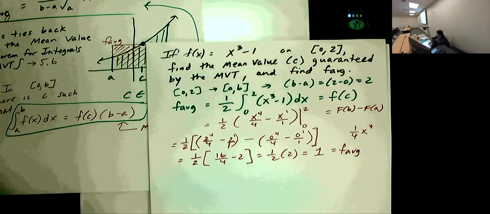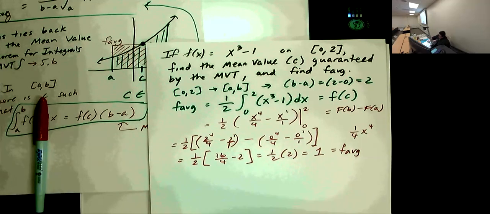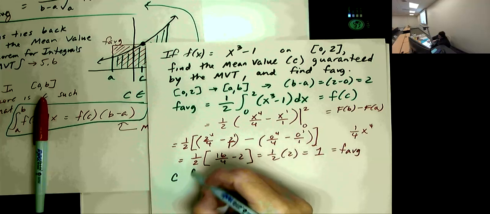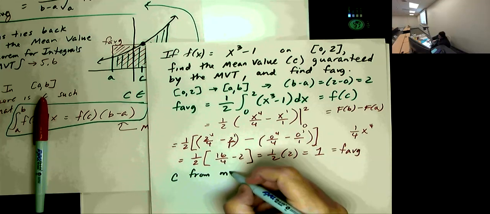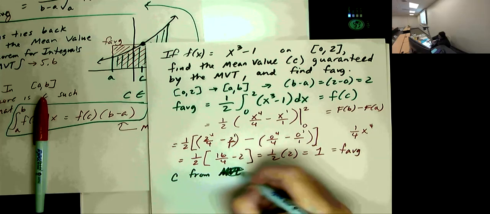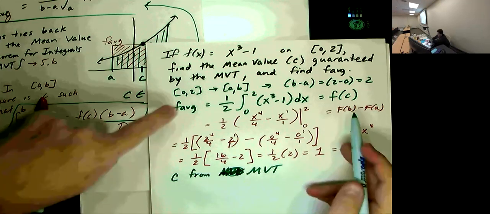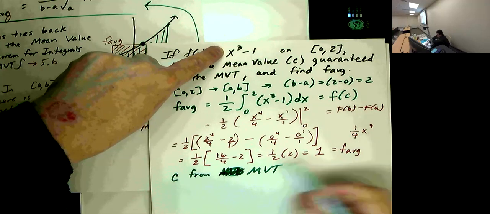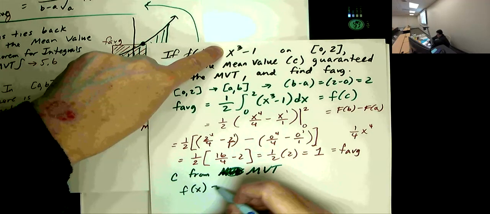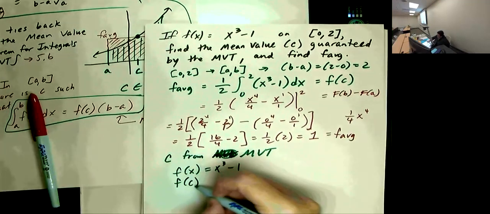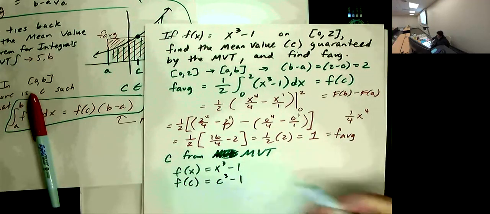To find the C guaranteed by it, well, f of c is this. f of x is x cubed minus 1. So f of c is c cubed minus 1.